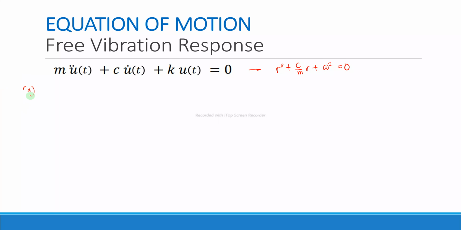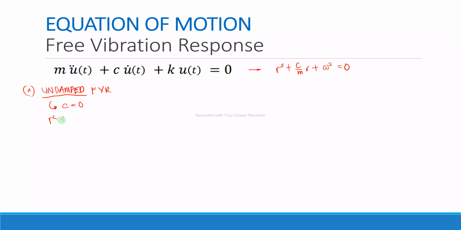So now let's start with our first condition of free vibration response, the undamped free vibration response. Undamped means there is no damping, so our c is equal to 0.